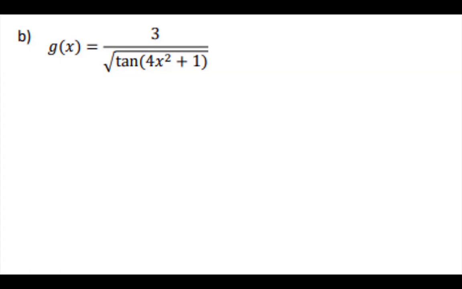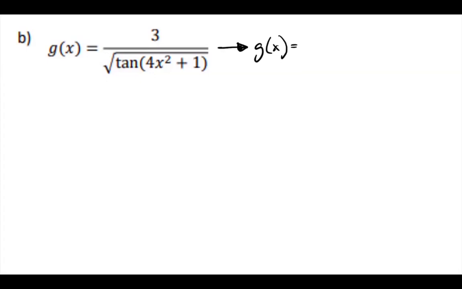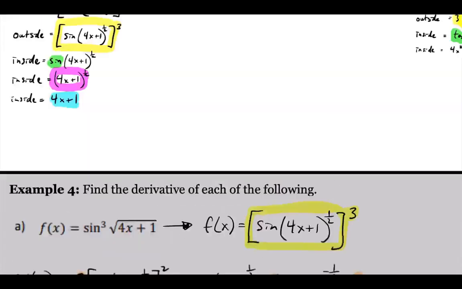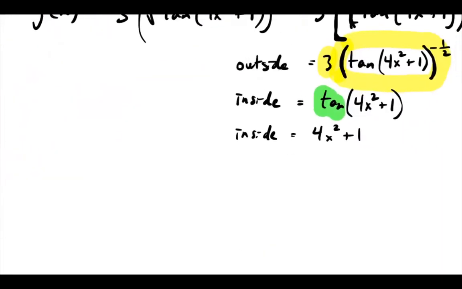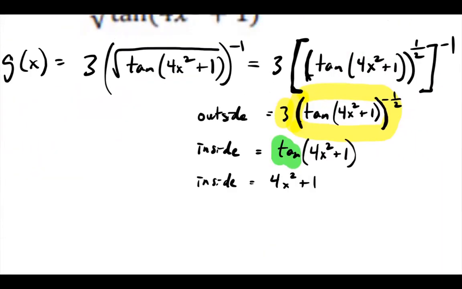So the first thing I'm going to do is rewrite it, like how we rewrote it earlier. Okay, so how did I rewrite it?